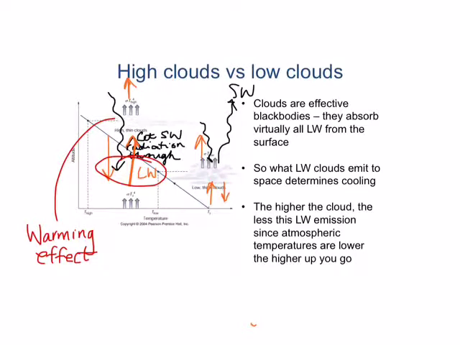Whereas for the low thick clouds, the process that really wins out is the reflecting back into outer space of the shortwave radiation. So this is really what wins out, and these low thick clouds end up having a cooling effect.